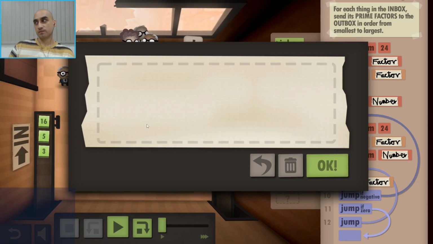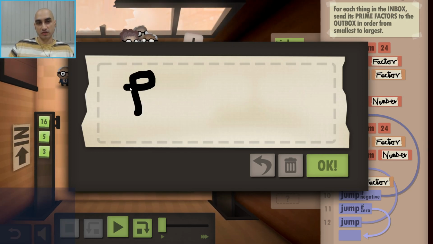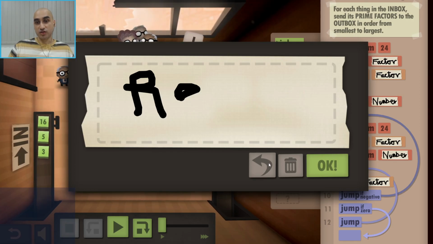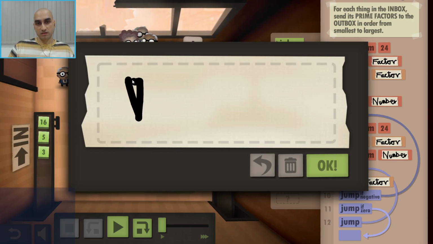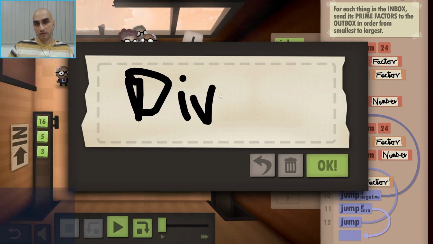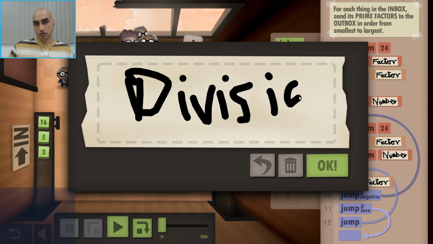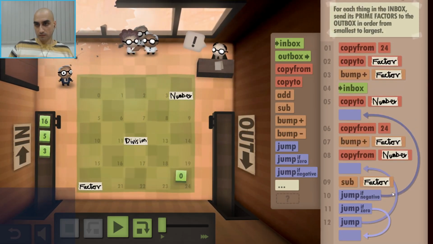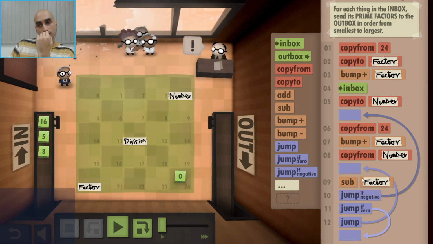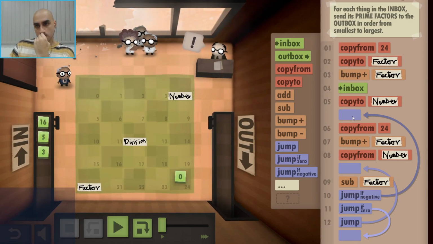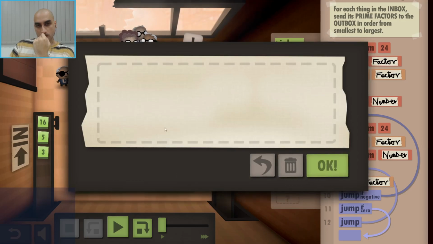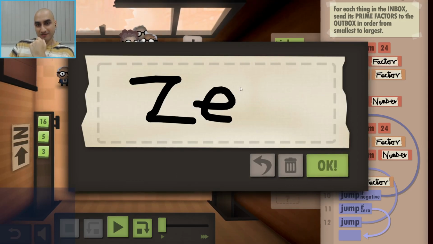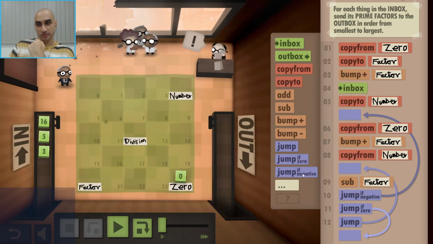What's the term? The result of dividing the number by the factor. I don't know, just call it result. No, the division. Let's call it division. Okay. Let's just call this 0. Then it's clear what its purpose is. Its only purpose is to be 0.